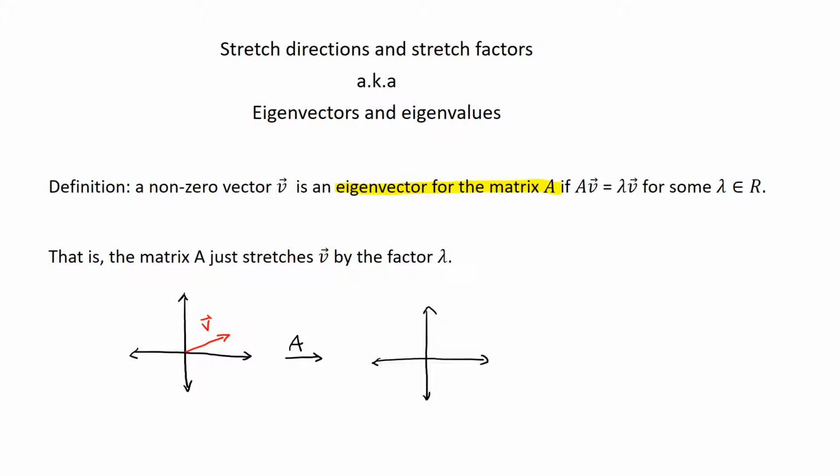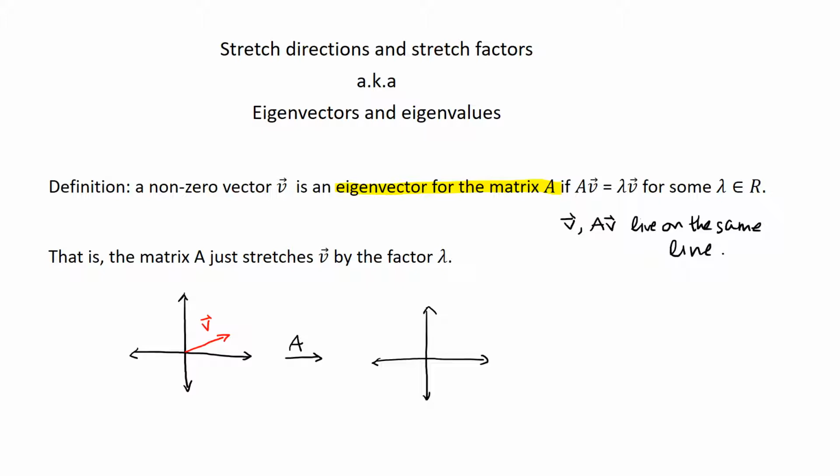What's important here is that the vector v and Av live on the same line. In other words, our matrix A is going to stretch v by a factor lambda.